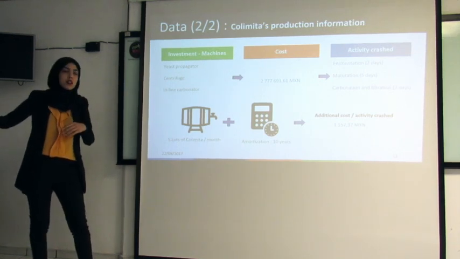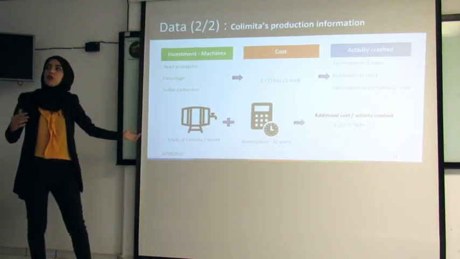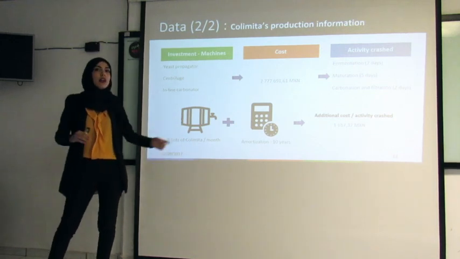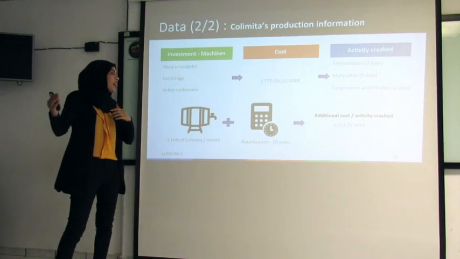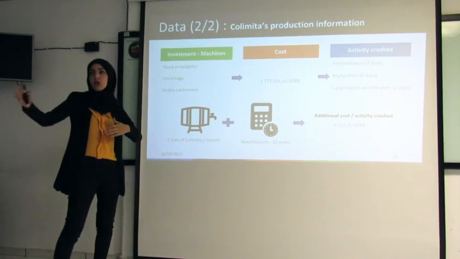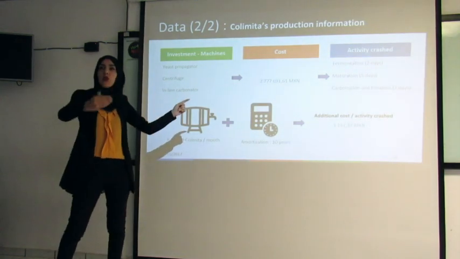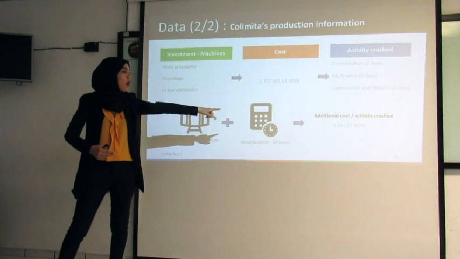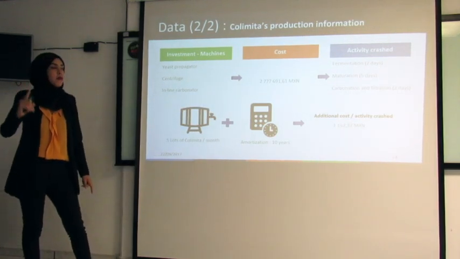In the other part, we have the information that in 1 month we produce 5 lots of Colimita. And if we amortize that material over 10 years, we will have an additional cost of about 1,000 Mexican pesos per activity crashed.